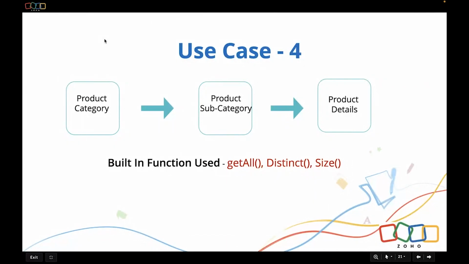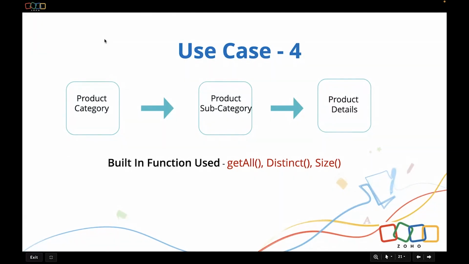So in the next use case, I have product categories, right? Product categories is a form where I maintain the different product categories that are available, and the subcategory is segregated with regards to the product category as well. And in the product details, I'll have the product category and the product subcategory listed.